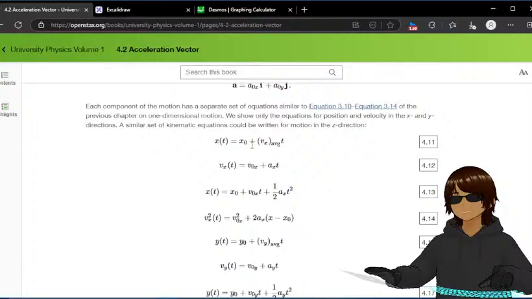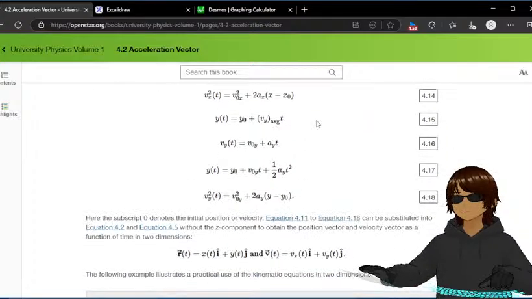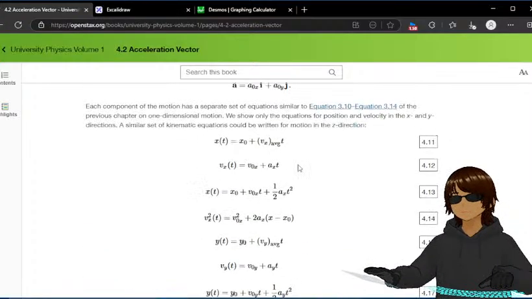So x, Vx average, V is equal to U plus AT. S is, so current position minus initial position is S. S is equal to UT plus half AT square. It's the previous equation, but in one particular direction.